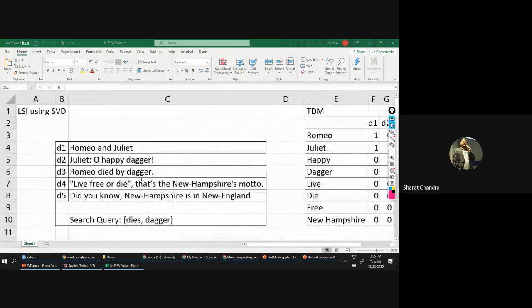So this is a search. I'm doing a query, a very popular example, dice and dagger. I'm searching in Google for dice and dagger. If I do the search on this text data, document search, I should probably be getting the first result as D3, because I have dice, I have dagger.